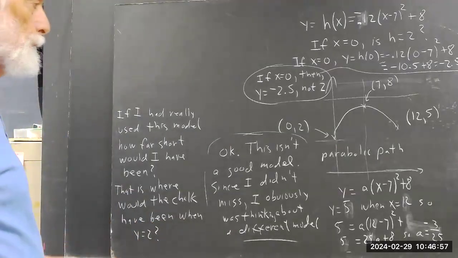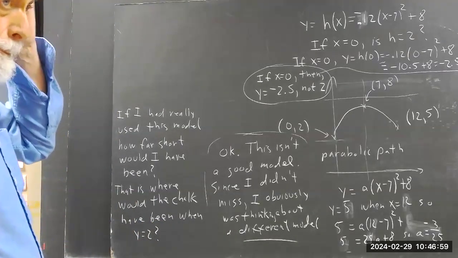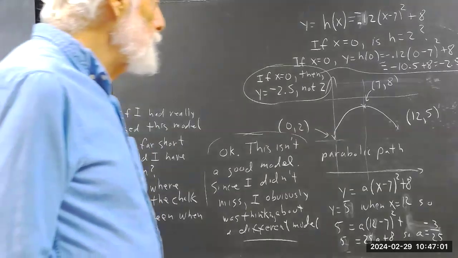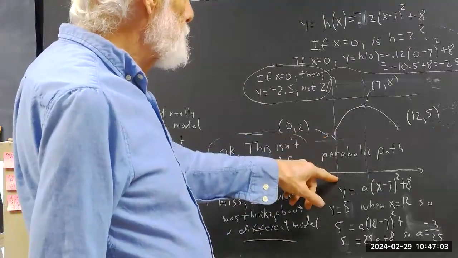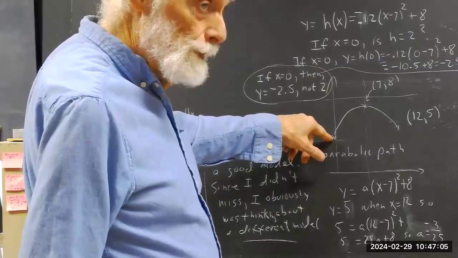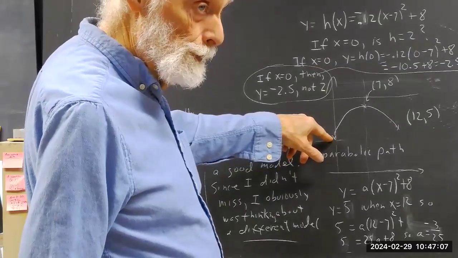That is where the chunk would have been when y equals 2. Because it was supposed to be at 0 when y equals 2, right?